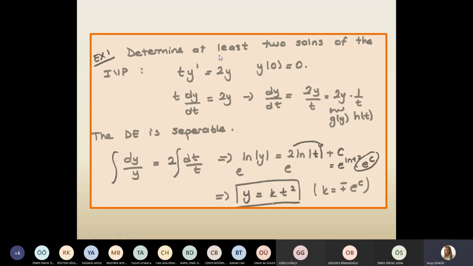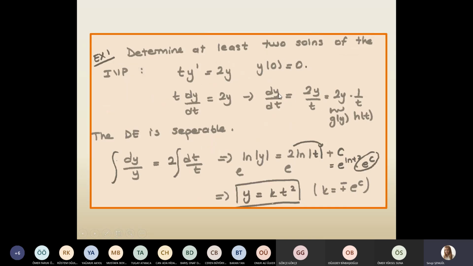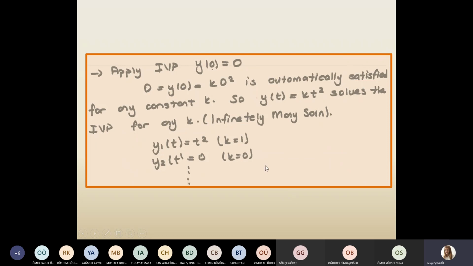And since it says determine at least two solutions, before that we need to check what k is by looking at this initial value. Let's apply this initial value. When t is 0, y is 0. Exactly, that's true. It is automatically satisfied for any constant k. So whatever the k is, this will be true.